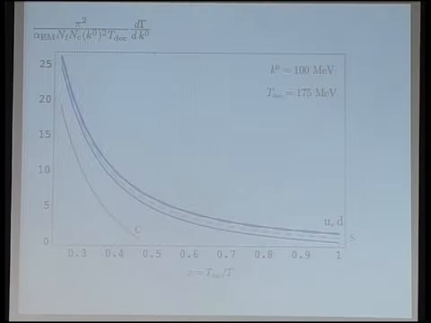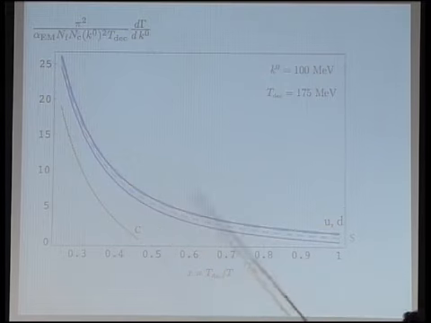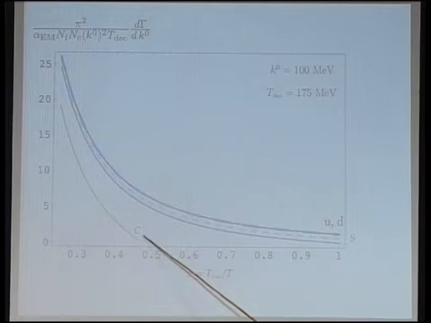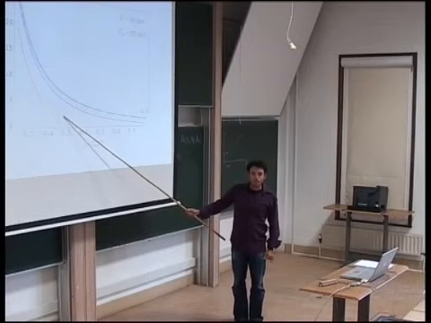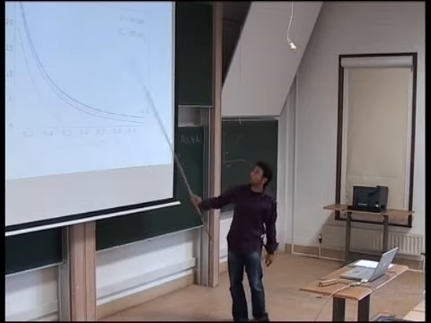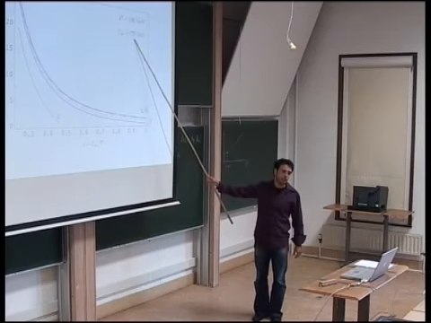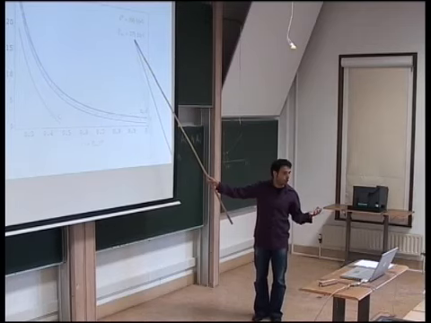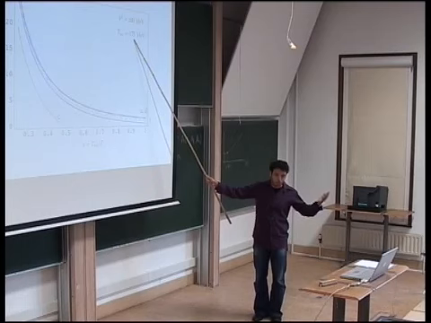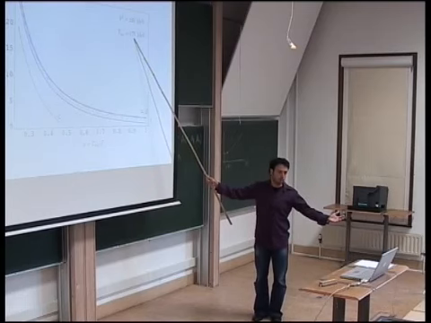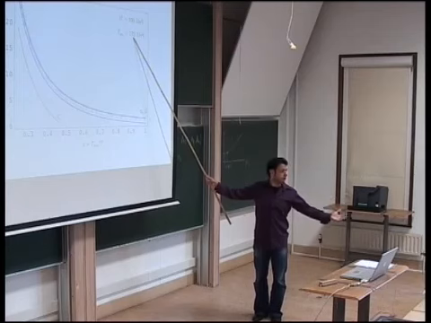And so what I want to point out is that you could have thought that, for example, because the charm quark is so heavy, okay, it's 1.5 GeV, at temperatures of about, say, 300 MeV, the contribution to photon emission is going to be Boltzmann suppressed, exponentially suppressed, and hence completely negligible. You could have thought so.